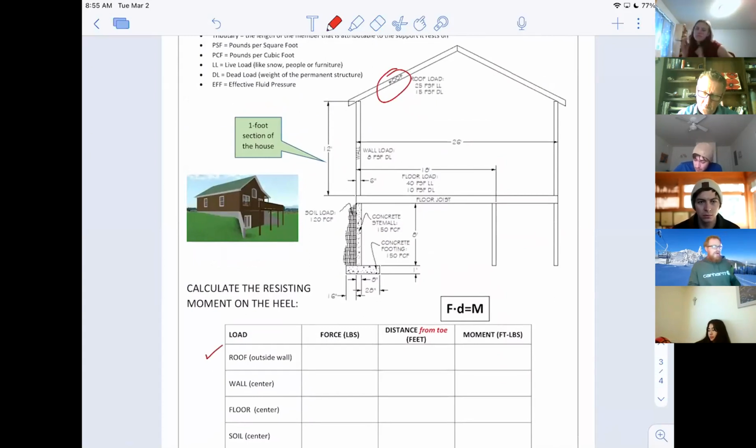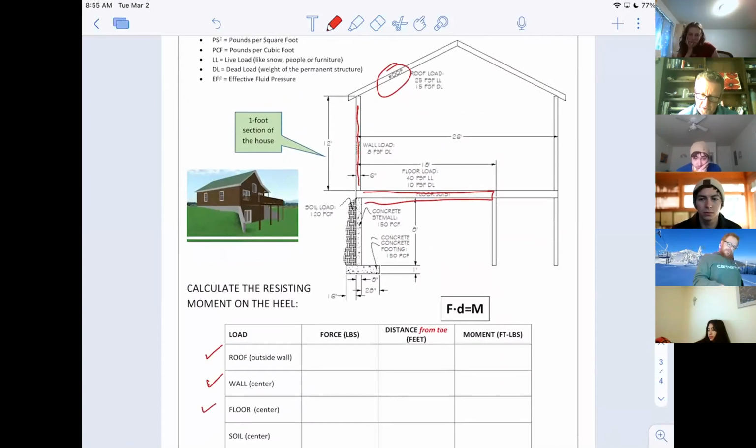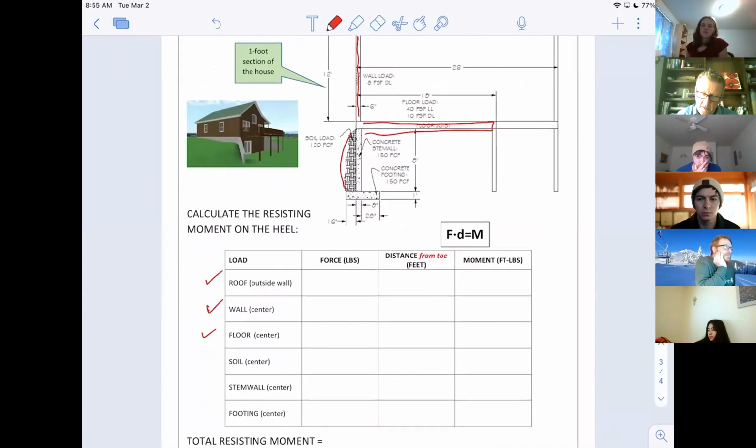This wall right here that's on the outside of the house has weight. This floor right here has got weight that's pushing back. This pile of dirt that's sitting out there on the heel, does it make sense? That's also pushing back. And then this concrete stem wall right here, does it make sense? That's pushing back against that.